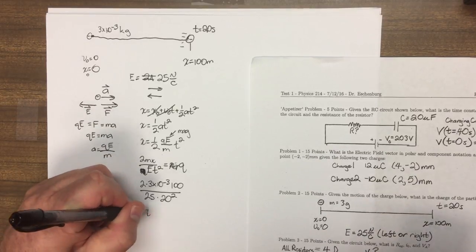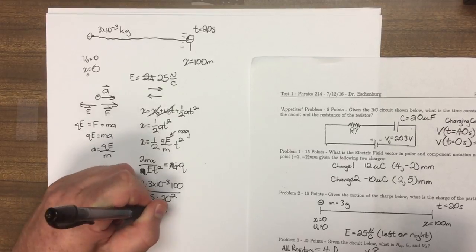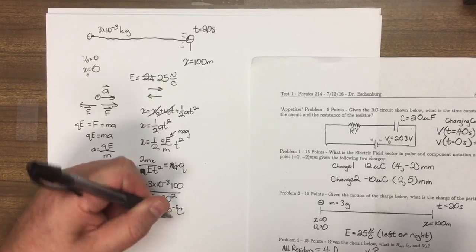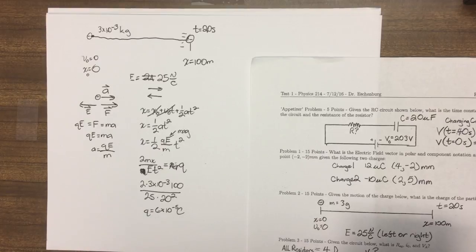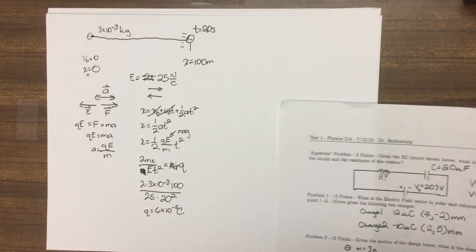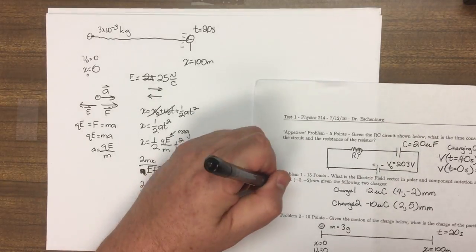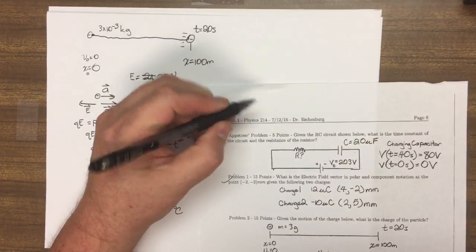And so the charge is 6 times 10 to the negative 5 coulombs, or 60 microcoulombs. So that is problem 2. Most of the time on the test was actually spent in problem 1 and the appetizer.